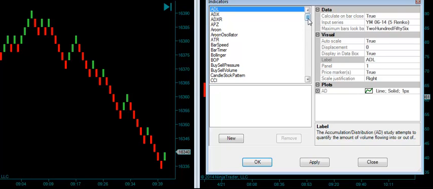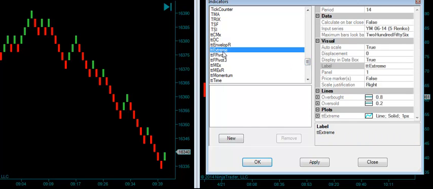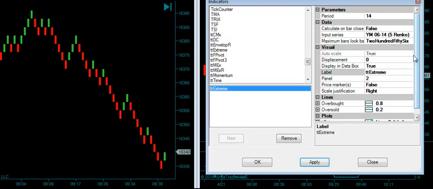We'll go into the indicators. This is NinjaTrader. I'm sure you all know how to do this. I'm going to first put on the extreme indicator, push apply.